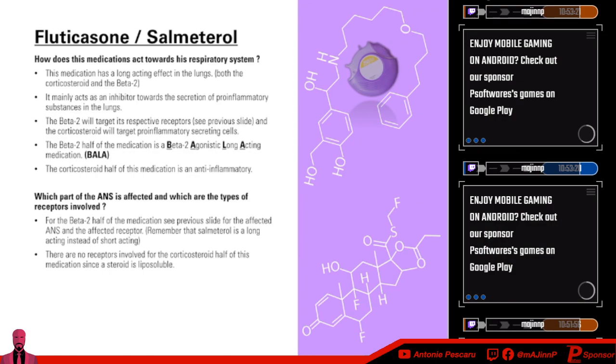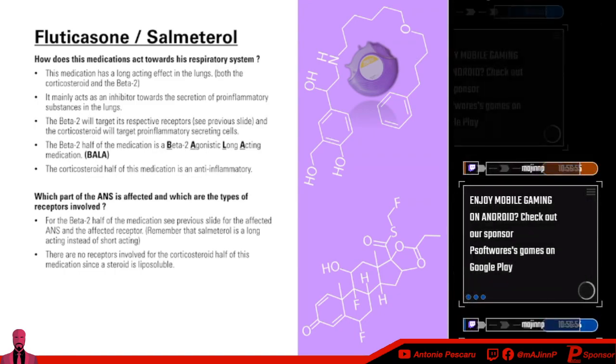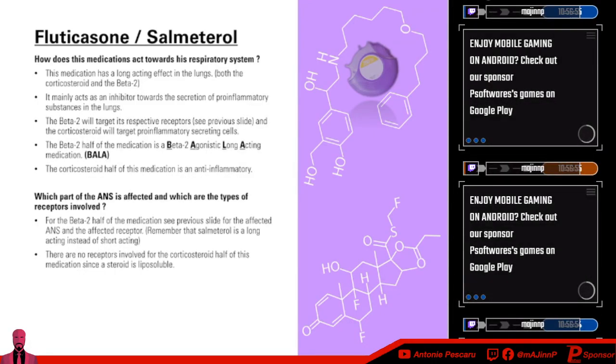And then the beta 2 half of this medication is a beta 2 agonistic long-acting, and that's the acronym you want to learn, the BALA. So, beta 2 agonistic long-acting, because the second half of this medication, which is your beta 2 agonist, is going to take a longer time to act, but it's going to last longer versus the short-acting, which acts instantly for a bronchodilation, but has a short amount of time span.